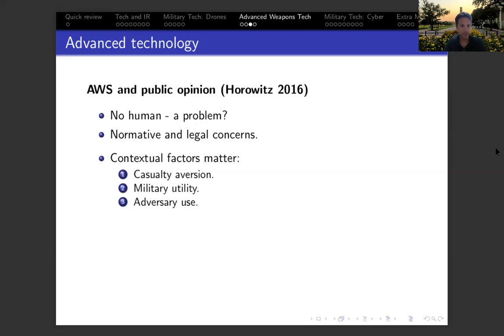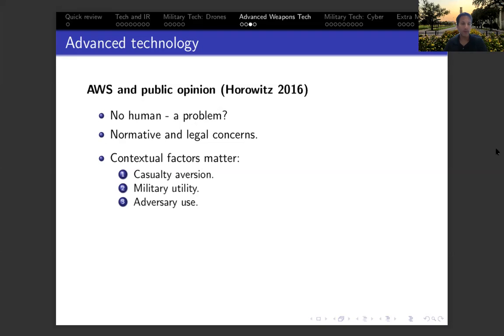So for example, when it comes to casualty aversion, advanced weapon systems may be more popular among those individuals that place more value on protecting military casualties and civilian lives. When it comes to military utility, advanced weapon systems are more popular if they're more useful in achieving victory, however we define victory, which is a different question.